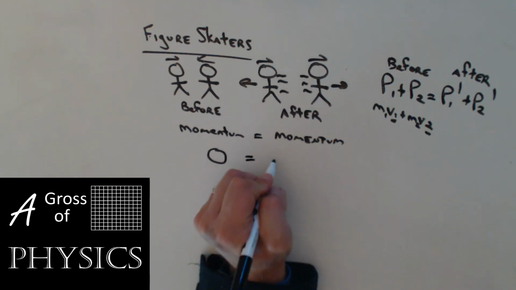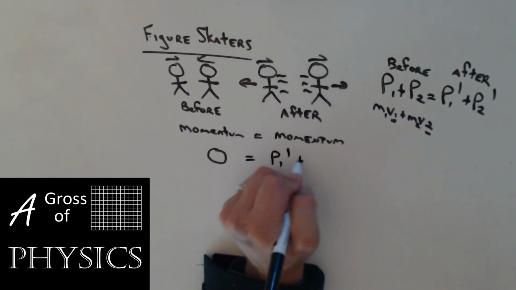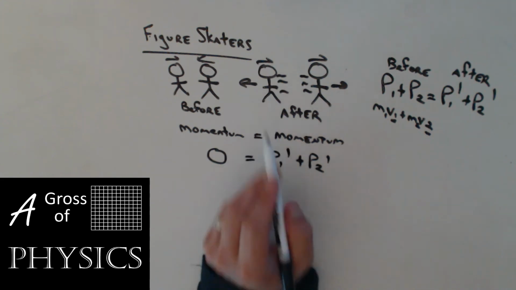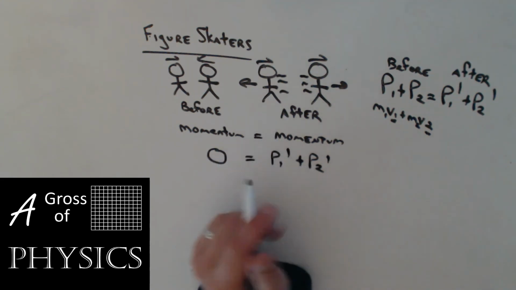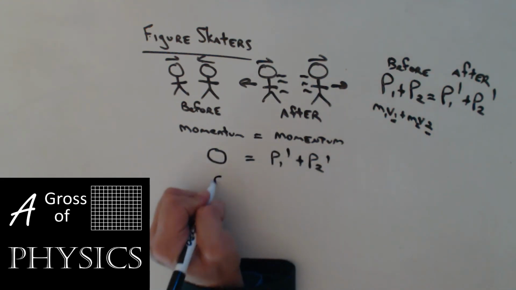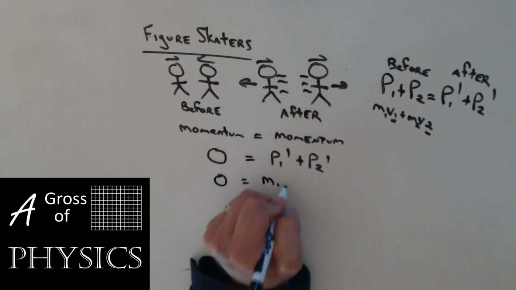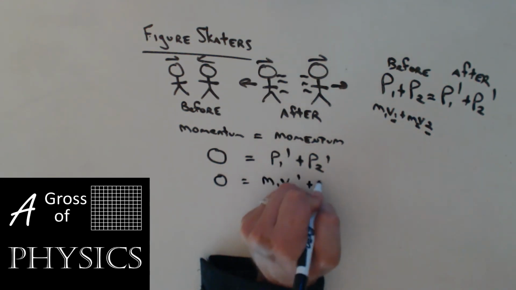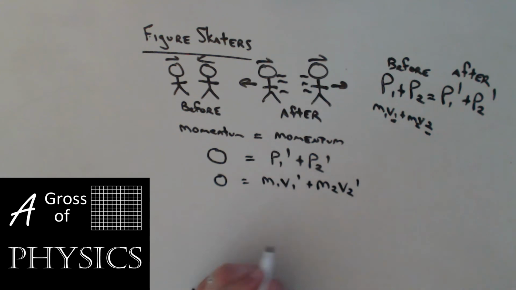Now, after, P1 prime plus P2 prime, we'll say the first skater on the left here is the male skater. So the equation goes like this: m1v1 prime plus m2v2 prime. Primes represent after.